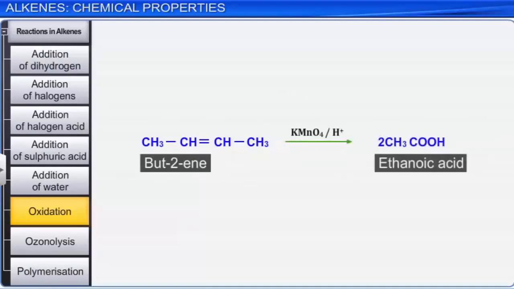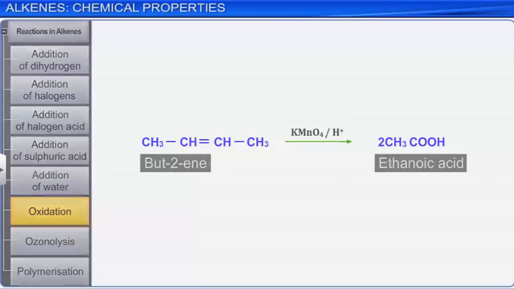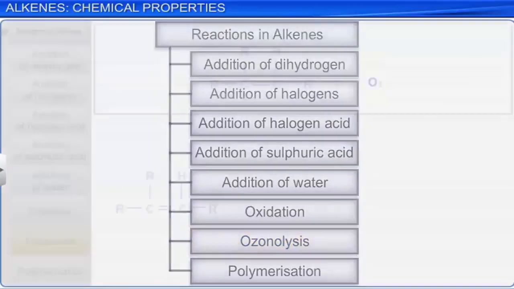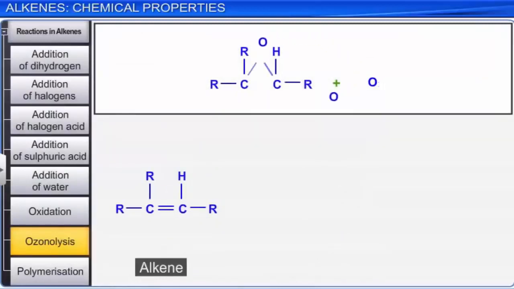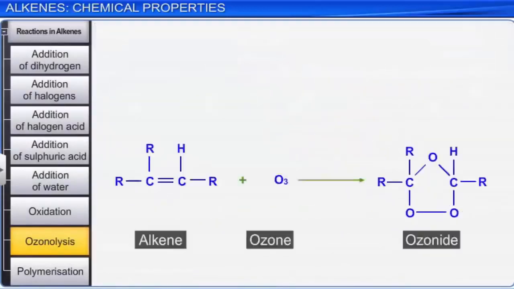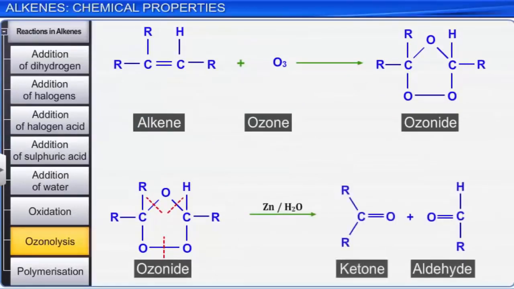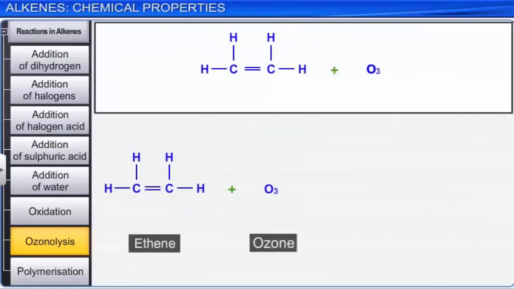Let us now look at the addition of ozone to an alkene, which is also called ozonolysis. Alkenes react with ozone to form ozonides, which, on further hydrolysis in the presence of zinc, form either aldehydes or ketones or both. For example, in this reaction, the ozone molecule is added across the double bond in ethene to give ethene ozonide.